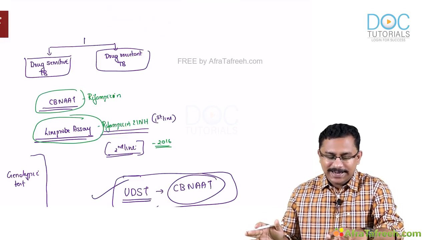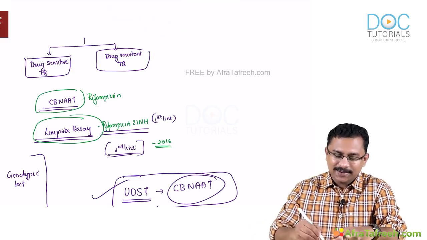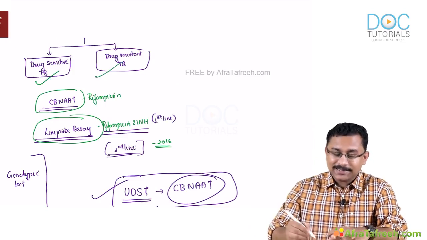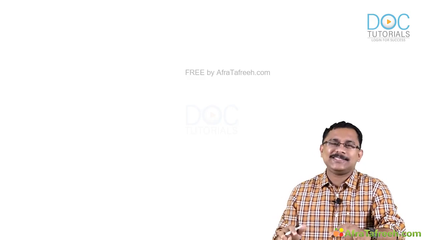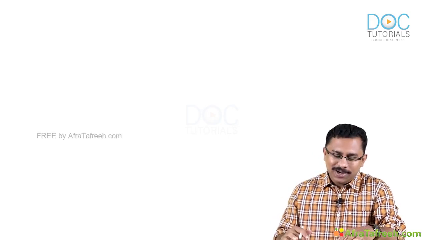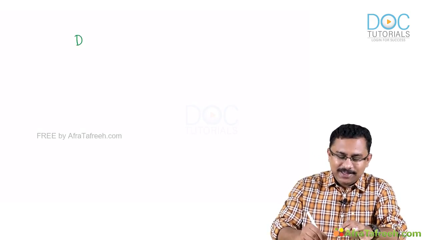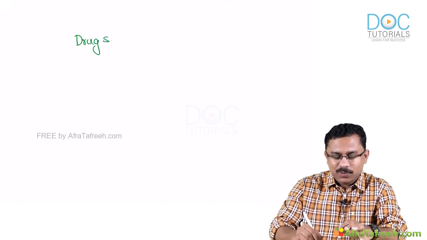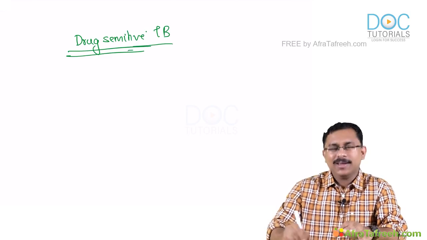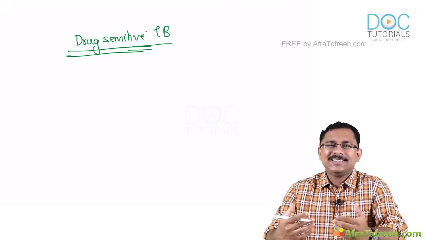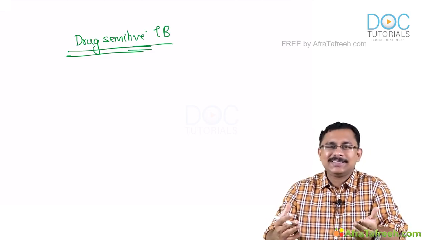We have already said there is drug sensitive TB and drug resistant TB. So how are you going to deal with these entities? Suppose I'm going to treat a drug sensitive TB, which means probably I've done a CBNAT and there is no rifampicin resistance.